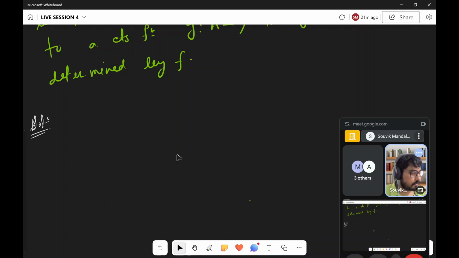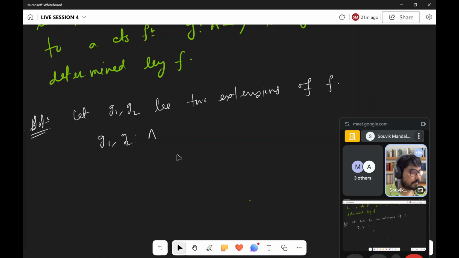Let G1, G2 be two extensions of f. That is, G1, G2 are two continuous maps from A closure to Y, and G1 restricted to A is equal to G2 restricted to A is equal to little f.